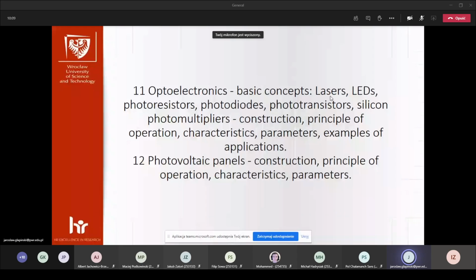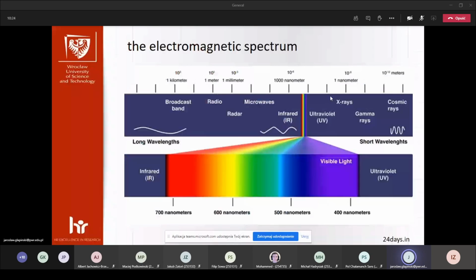But before we start talking about optoelectronic components, we must define what opto is. As we know, the electromagnetic spectrum is very wide. It starts from the long broadcast waves and ends with X-rays and cosmic rays.